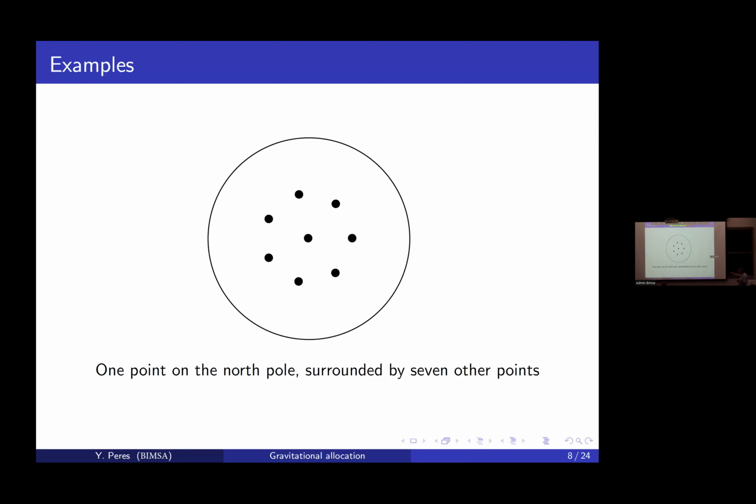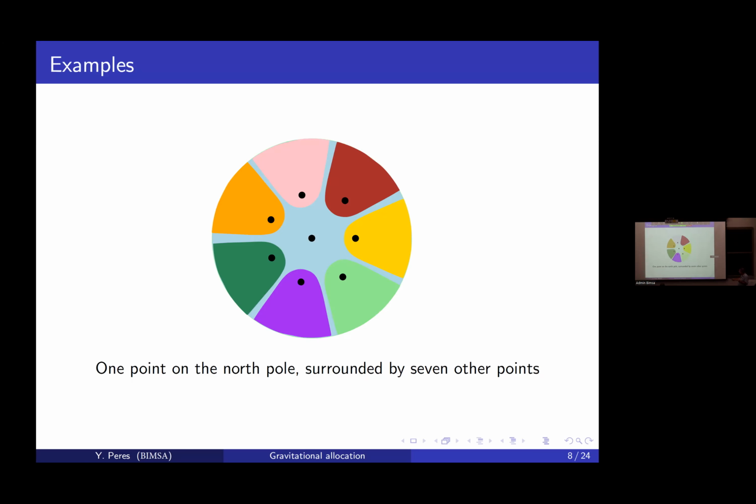Then surely, if there's also a star on the North Pole, it won't get the same area because it's surrounded. So we sent him back the picture of what happens. In fact, all the areas are the same, and some particles from far away go to the center because the forces from the other points exactly balance.